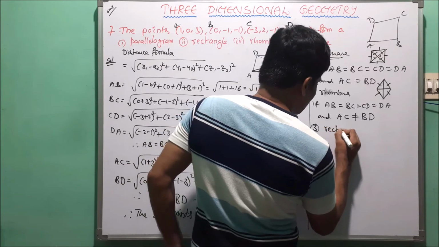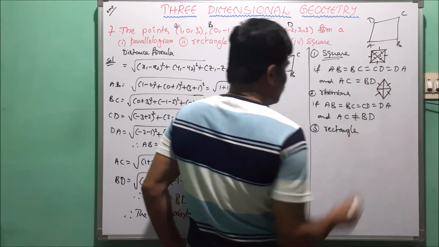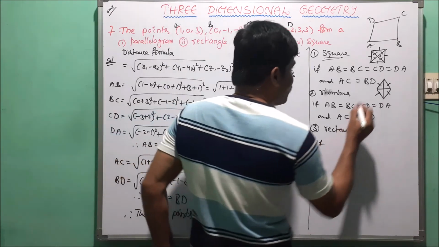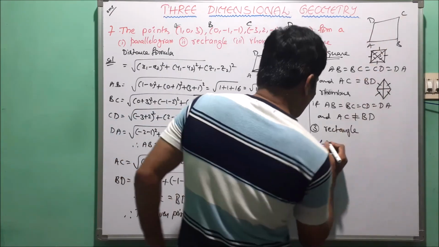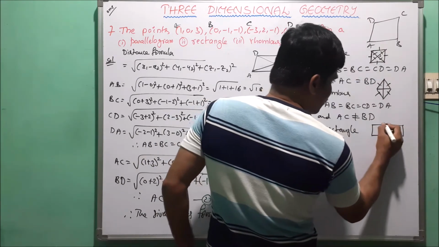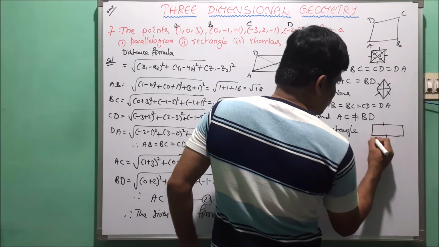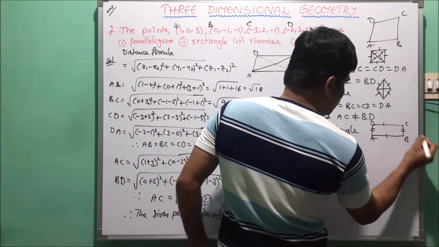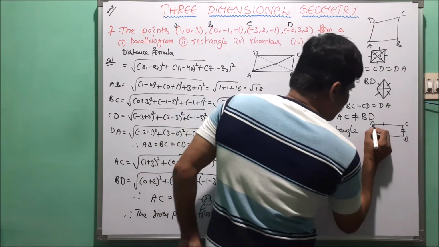Similarly, the third condition, rectangle. In a rectangle, opposite sides are equal. That means here we take AB equal to CD, similarly AD equal to BC.